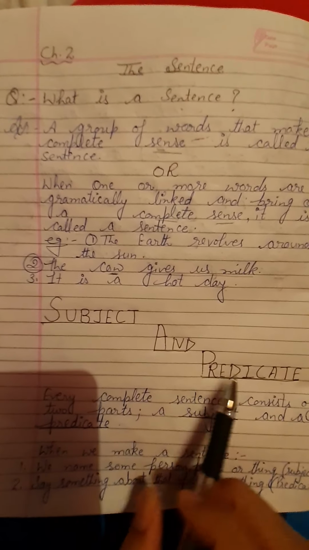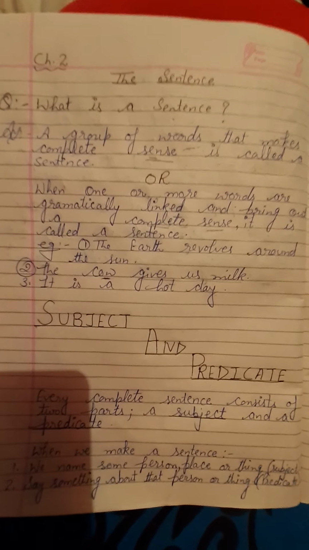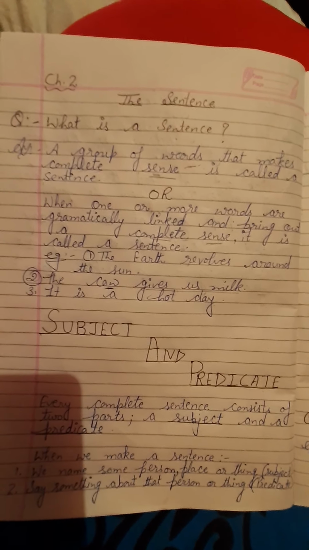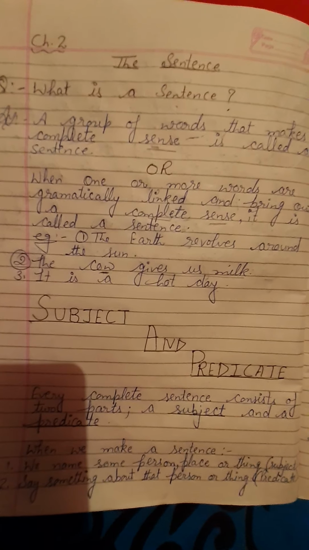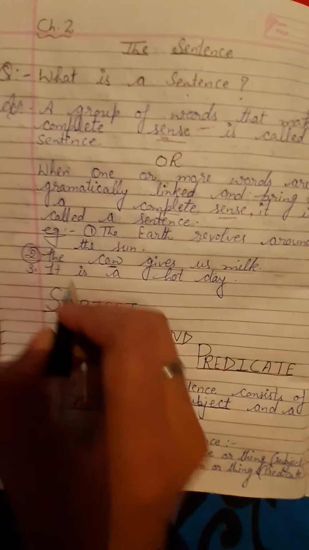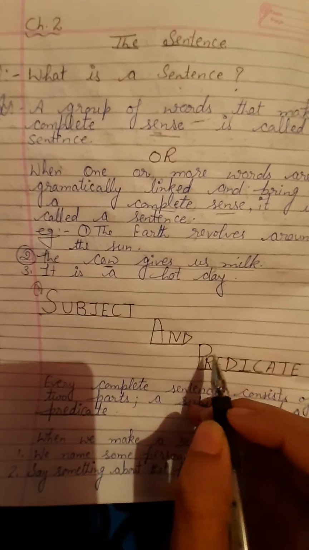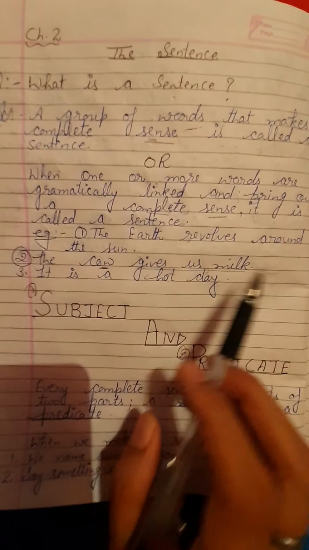Moving on to subject and predicate. Now we are going to study about subject and predicate. Every sentence is divided into two parts, one is subject and two is predicate. Like this: the cow gives us milk.